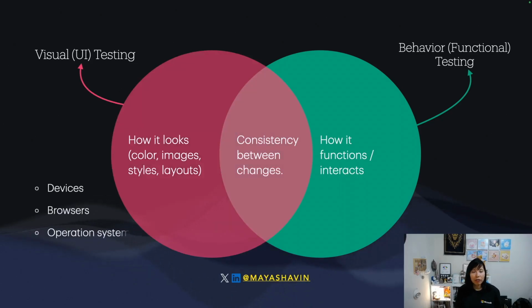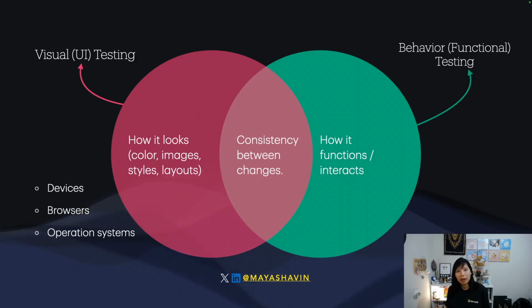The other aspect of front-end component testing is visual UI testing, or we can call it UI testing. It includes how the component appears on the browser to the end user, how it looks: color, image, style, layout, and so on.